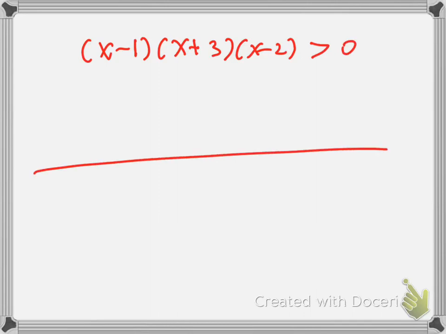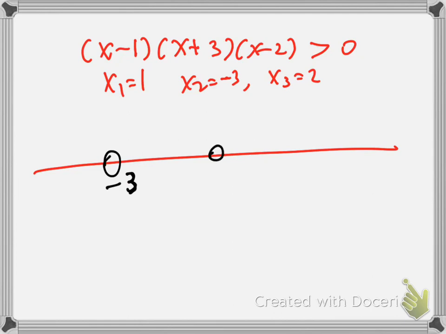So now what's the cutting point? So x1 is 1, x2 is -3, x3 is 2. So now here is -3, here is 1, and here is 2.